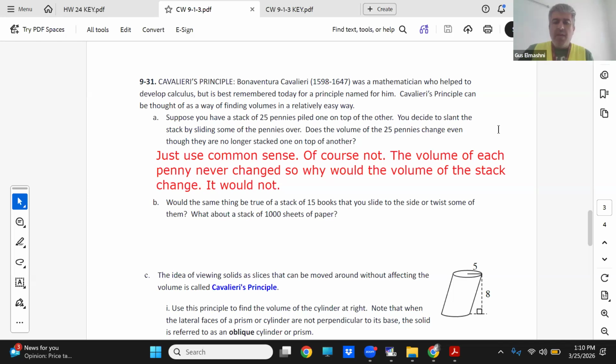So now let's look at part B. Would the same thing be true of a stack of 15 books if they slide to the side or twist some of them? Yes.